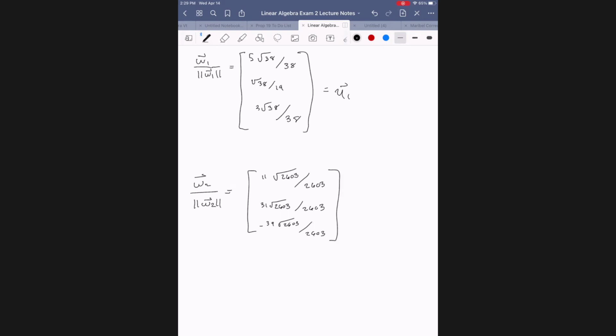Okay, this is your U2, and now B, so B equals the set U1 and U2, is your orthonormal basis now, okay?